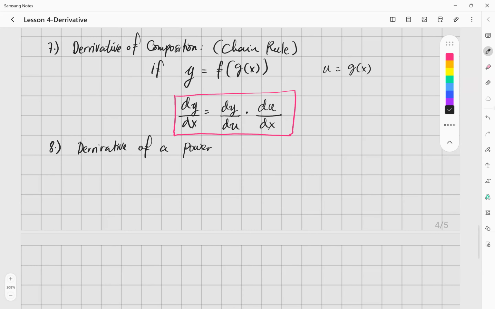So basically, if you have the derivative of a function u raised to n, all you need to do is bring down the n, multiply by u to the n minus 1, and then multiply by du over dx again.